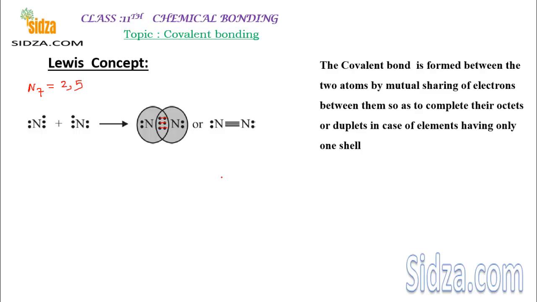So when they share the 3 electrons, you get 3 electron pairs, 3 bond pairs. That means there will be a nitrogen-nitrogen triple bond, and each has only one non-bonding electron pair. And there are 3 bond pairs here, right? These are the 3 bond pairs.